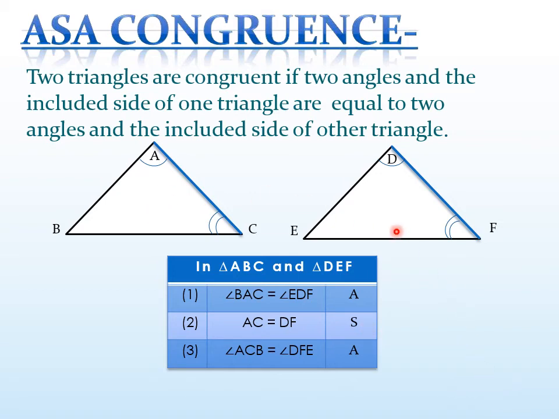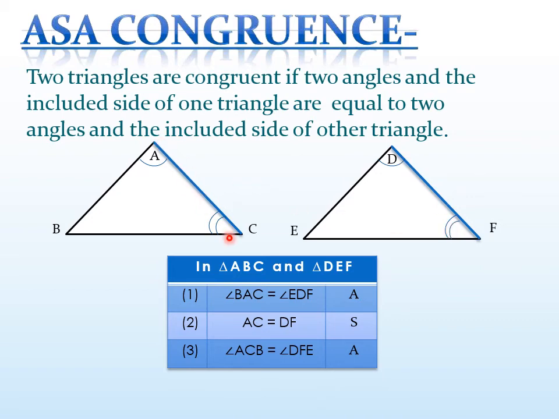But if in these two cases angle A is equal to angle D, angle C is equal to angle F, but AC is equal to say ED, then we can't apply the ASA rule, because for the second triangle we will not have the corresponding equal side which is between the two angles.